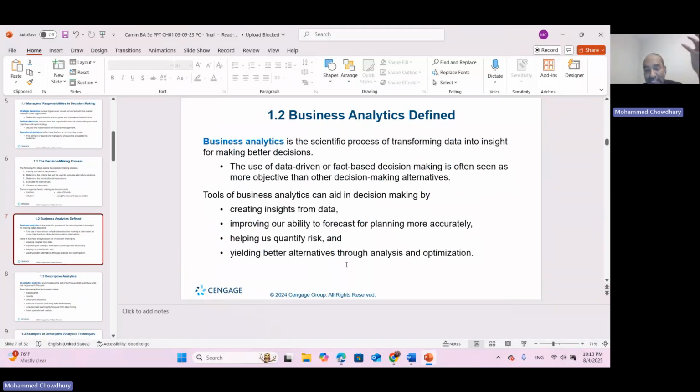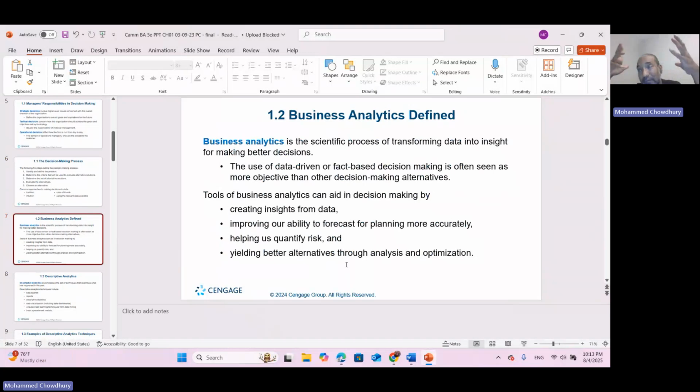So by creating insight from data, suppose I have the data. From the data, I created some table, some graph. From those table and graph, we get the insight of the data. What is the data telling? Improve our ability to forecast for planning more accurately.